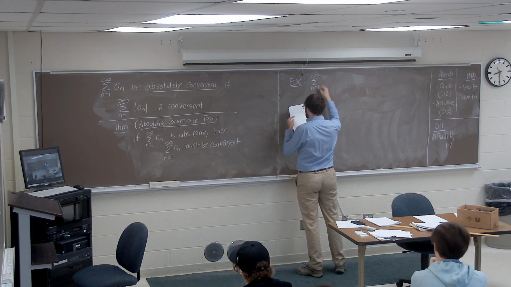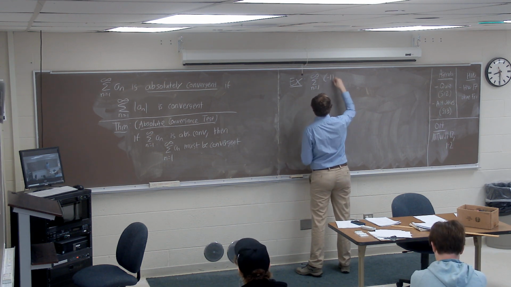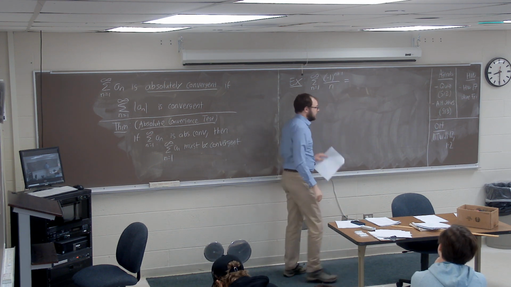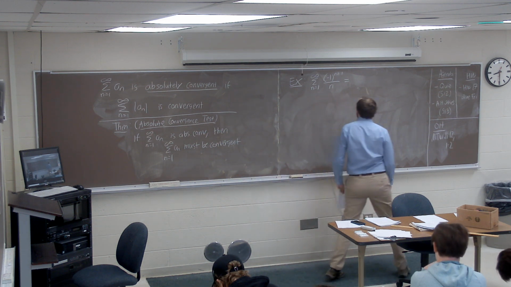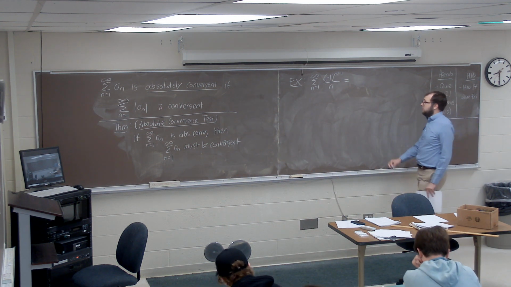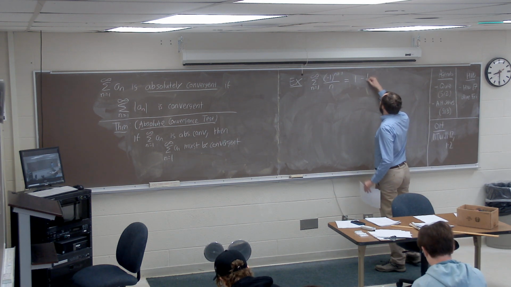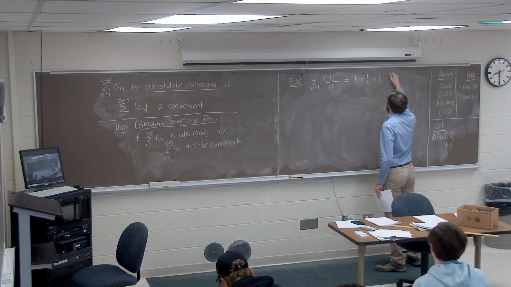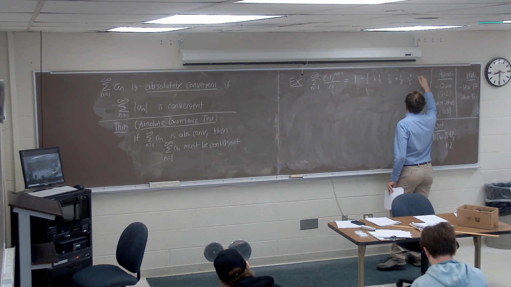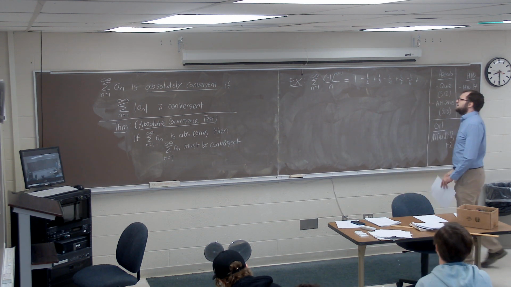So we'll have the sum from n equals 1 to infinity of negative 1 to the n plus 1 power, all over n. Which, if we start plugging in values for n, we'll get 1 minus a half, plus a third, minus a fourth, plus a fifth, minus a sixth, etc.